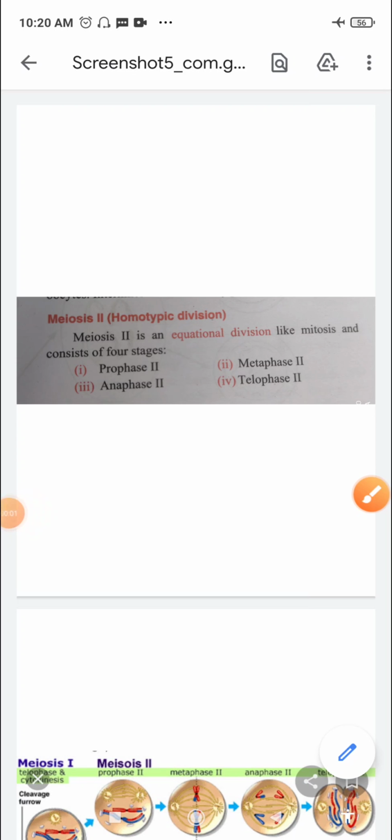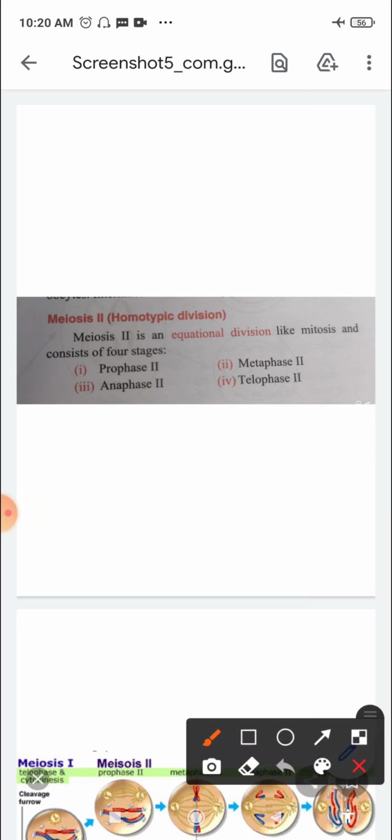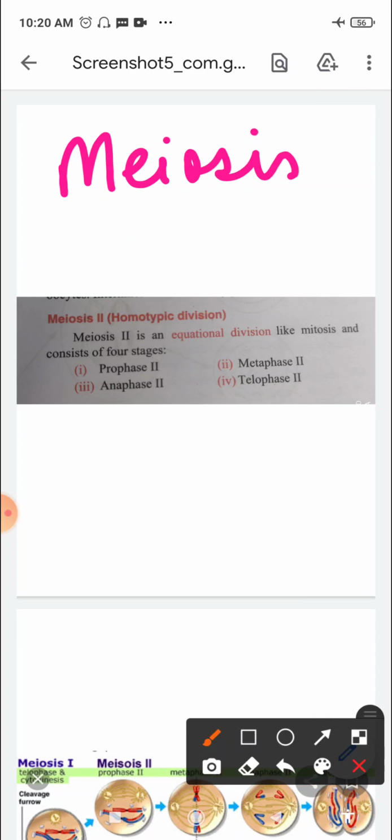Alright children, now we begin with the second phase of meiotic cell division, which is also known as meiosis 2, right? So we will talk about meiosis 2, which is a homotypic division. This is also known as equational division, and it is similar to mitosis, right?